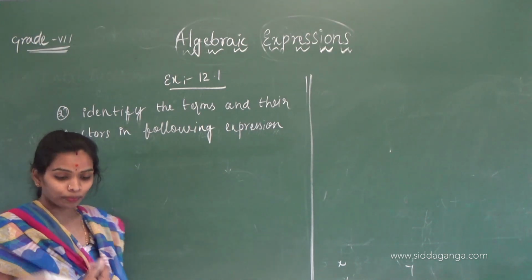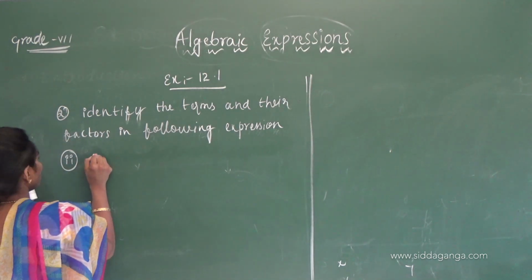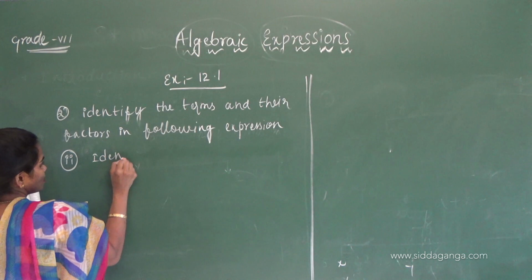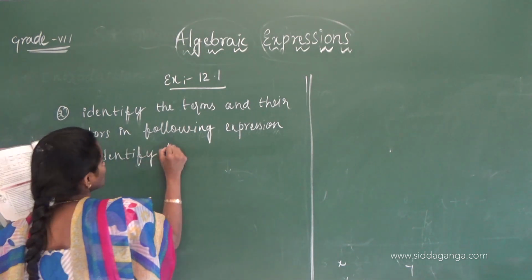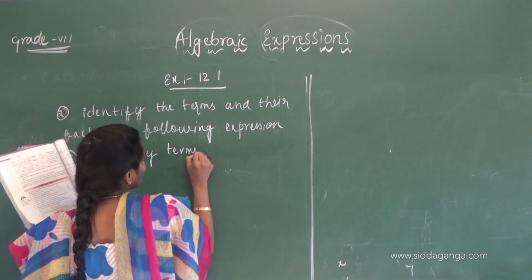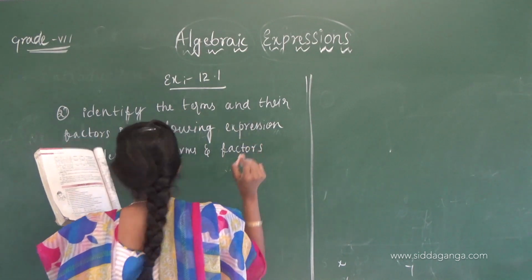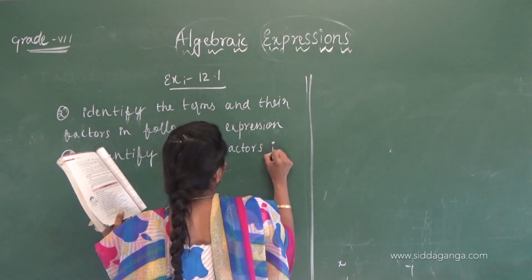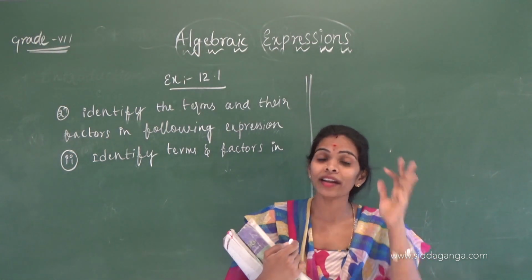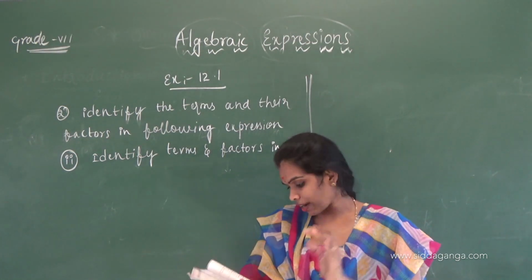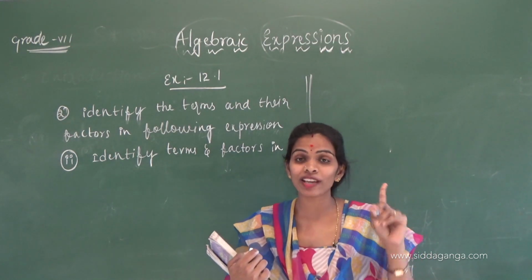Here in this class they are asking to identify terms and factors in the expressions given below. They are not asking us to find the terms and factors by using the factor tree method.